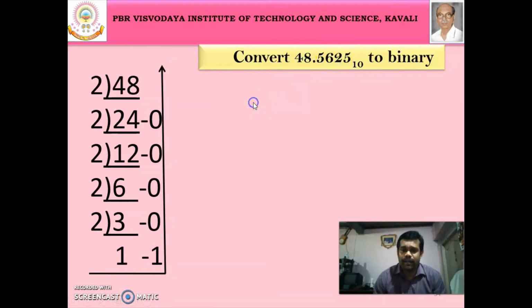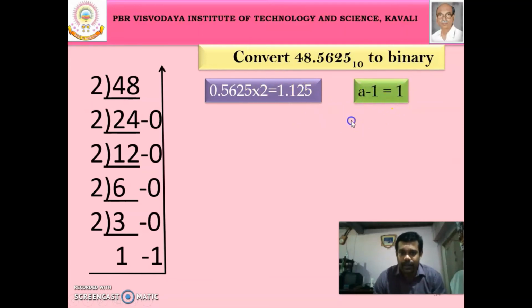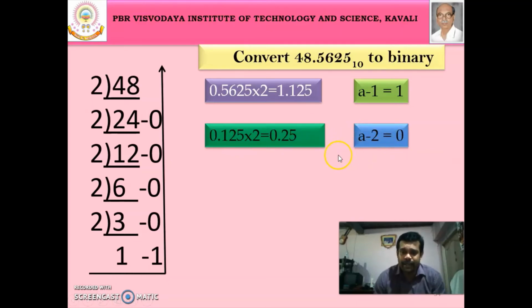Now come to the fraction. So here you are having 0.5625. So 0.5625 into 2 is 1.125. Here the carry or the whole number part is 1. So we are taking A1 as 1. Then we are multiplying this 0.125 into 2. So we are getting 0.25 and we are taking the whole number part 0 as A2.